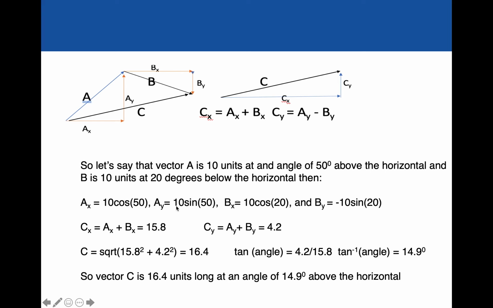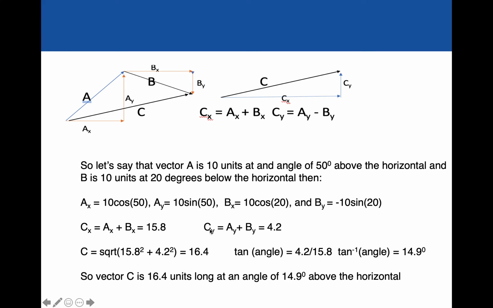I can get ay as a sine 50. And I do the same thing with bx. So then I get cx is going to be ax, this value, plus bx, this value. And if you do the numbers, you get 15.8. So cx is 15.8 to the right, which is the sum of ax and bx.